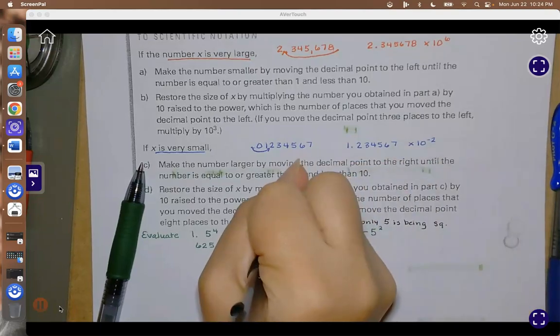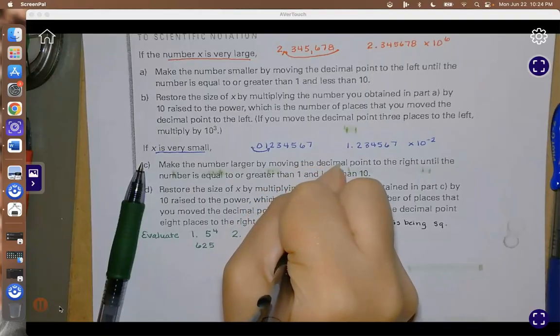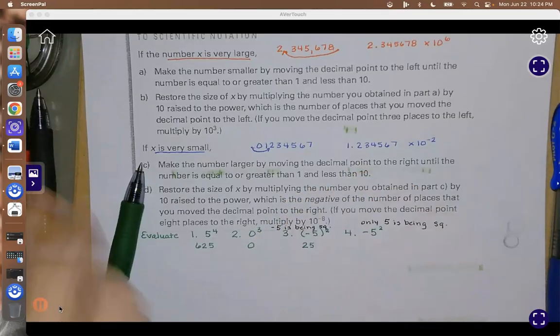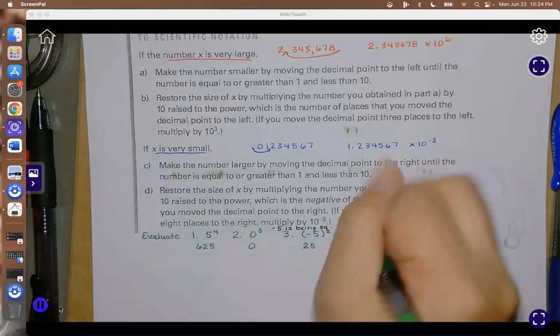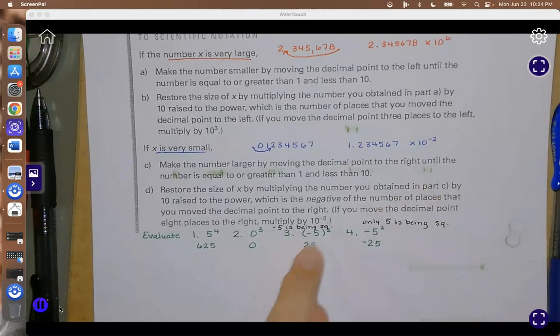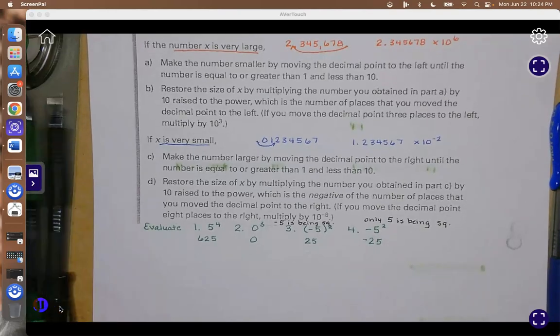And we'll put a note here. -5 is being squared. Okay, so 5 squared is 25, and you have the negative sign. So be very careful: when the negative is in the parentheses, it becomes positive. If it's not, it just stays there because it means the opposite of 5 squared. All right, next.